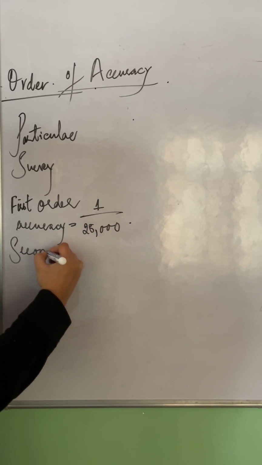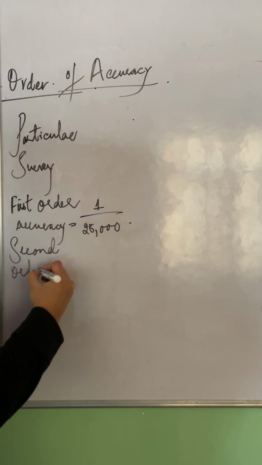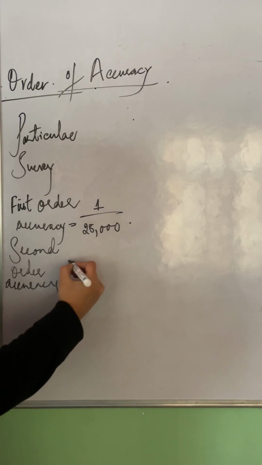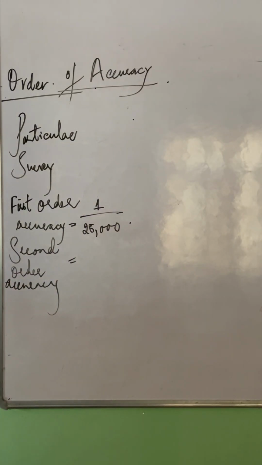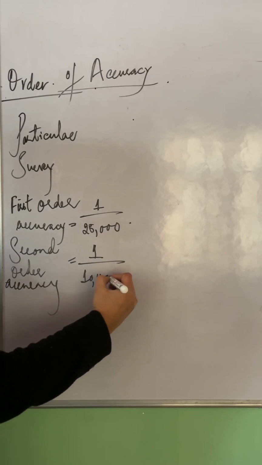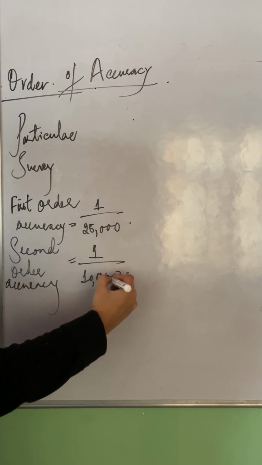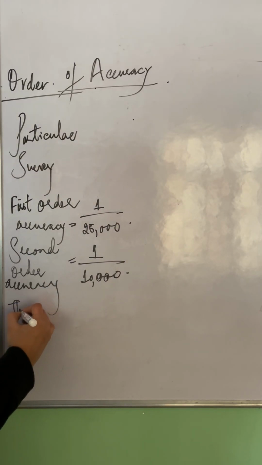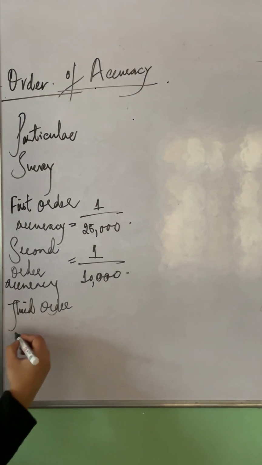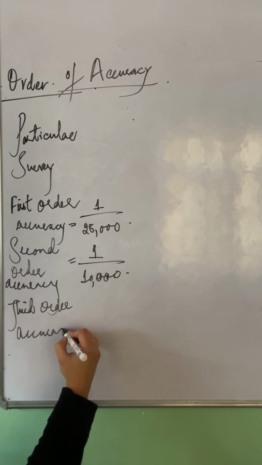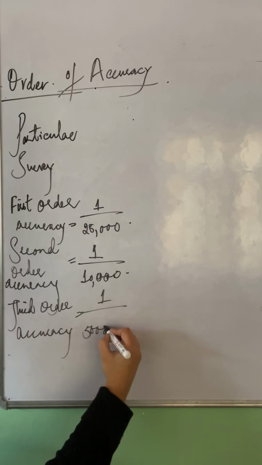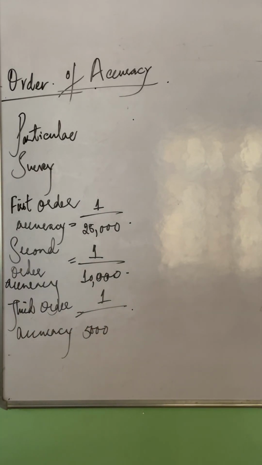Second order accuracy, say 1 by 10,000, and third order accuracy, say 1 by 5,000.